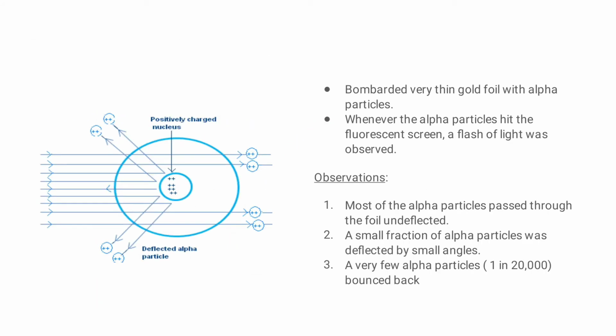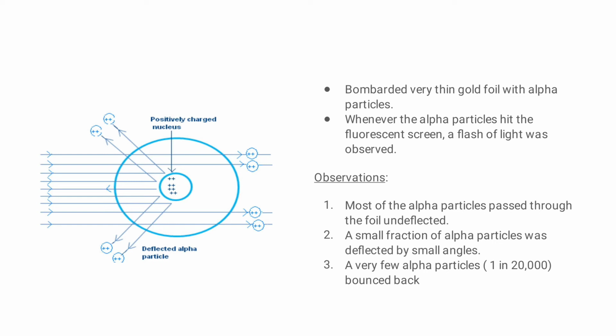The observations made by Rutherford were very simple. He observed that most of the particles passed through the foil undeflected. That is, they felt no deflection. They just passed straight. While a small fraction of alpha particles got deflected by a very small angle, as shown by the pointer.